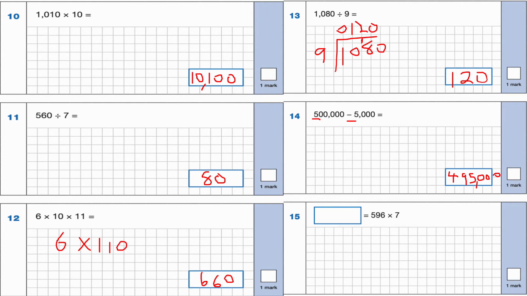495,000. Question number 15, I've got some column multiplication here. So 596 multiplied by the 7. Well, 6 times 7 is 42, so it's 2 carry the 4. 7 times 9 is 63, plus the 4 is 67, so 7 carry the 6. 7 times 5 is 35, plus the 6 is 41.